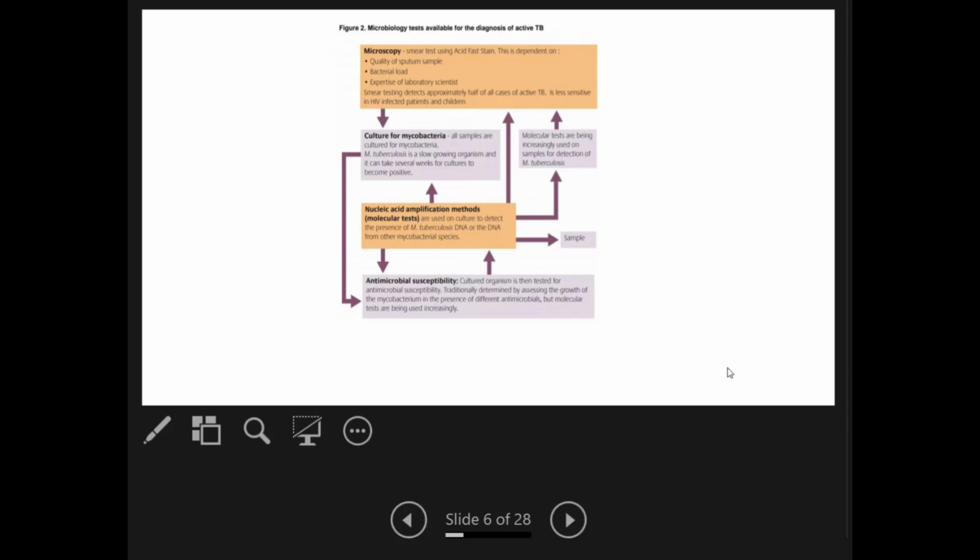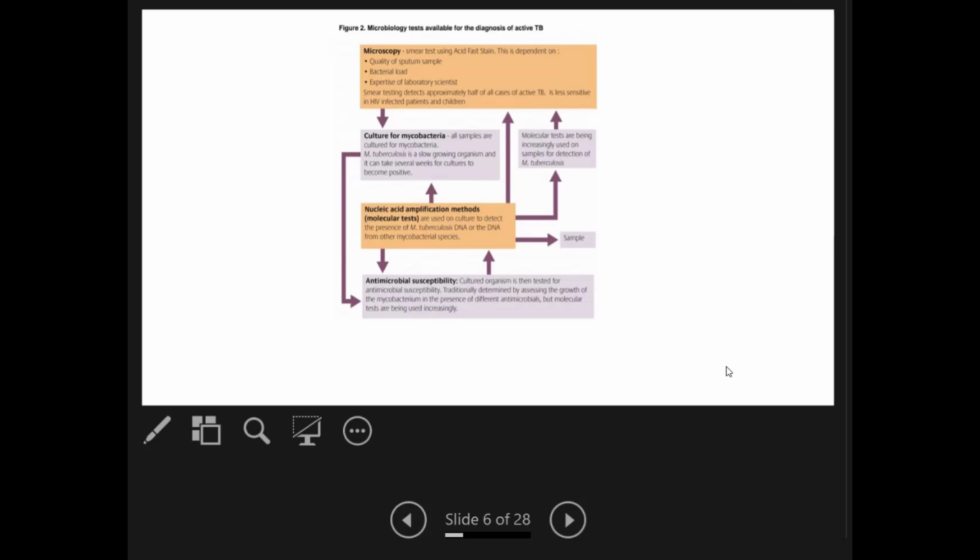The results depend on the quality of the sample and how much bacteria is in the sputum sample. You also need expertise and knowledge in the laboratory, expert persons, because it depends on the person who is performing the test. And culture media, basically, is the gold standard.